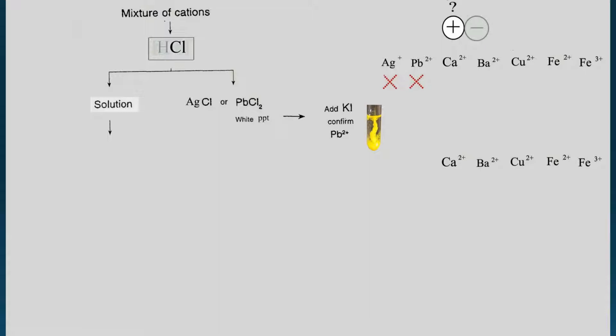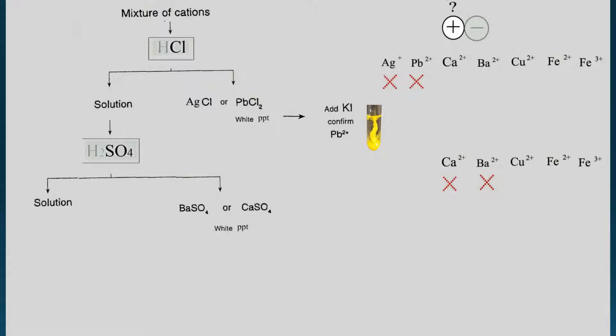Now with this solution, what am I going to test with? I'm going to put in a soluble sulfate. Would something precipitate? If it is barium sulfate or calcium sulfate, they both will show precipitation. And I can confirm whether it is barium or calcium by flame test.